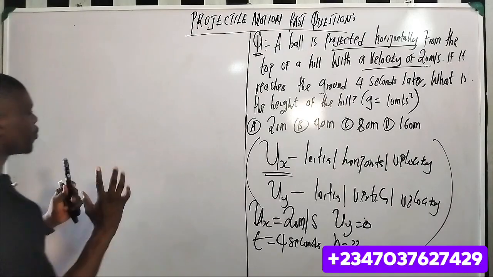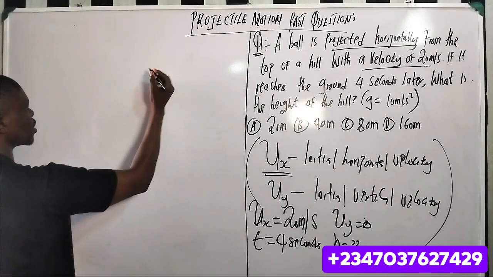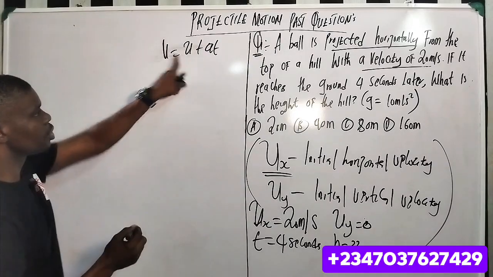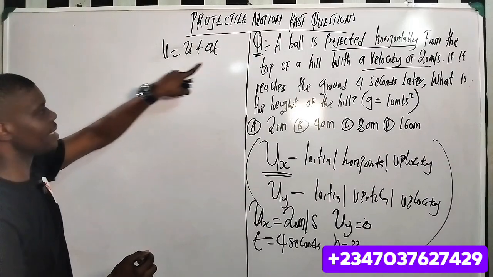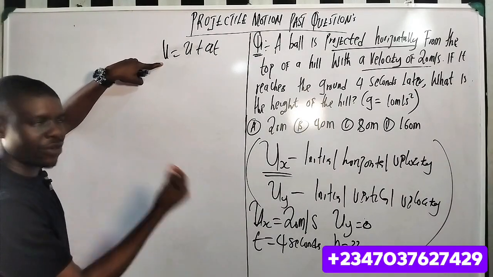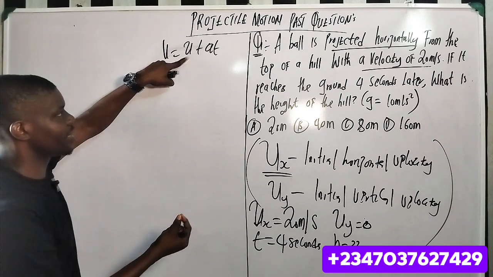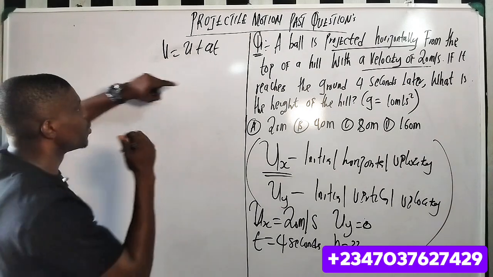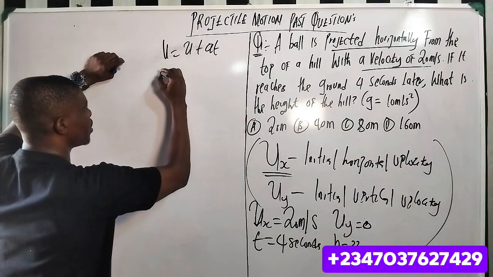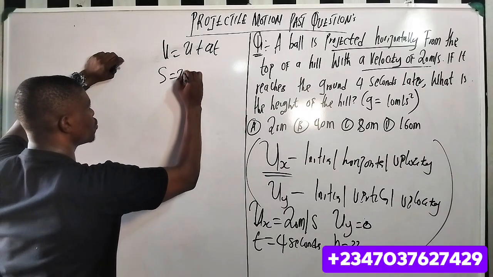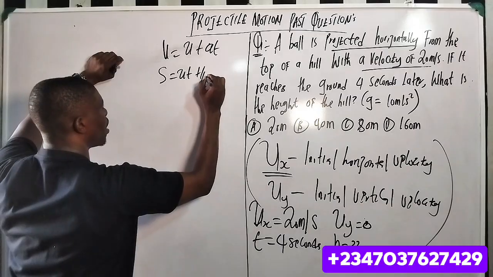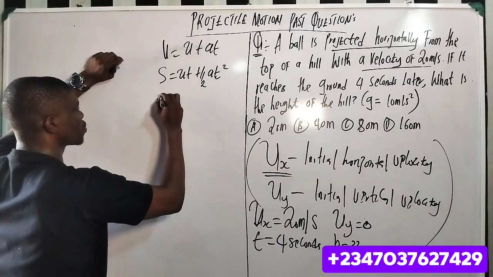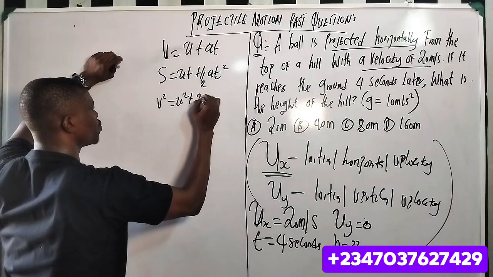We have v equals u plus at, where v is the final velocity, u is the initial velocity, a is acceleration, and t is time. We also have s equals ut plus half at squared. Then we have v squared equals u squared plus 2as.